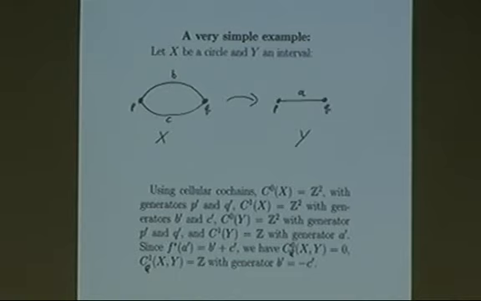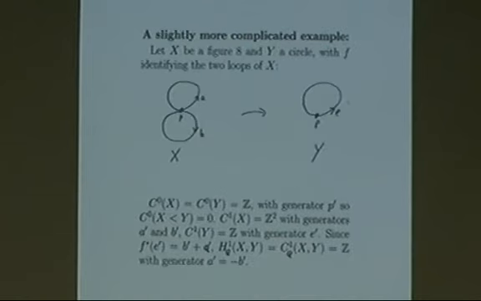Move on to the next example, which is only slightly more complicated, which is a figure 8 turning into a circle, where you just identify the two loops of the figure 8.